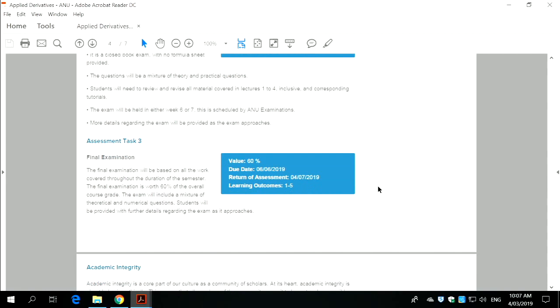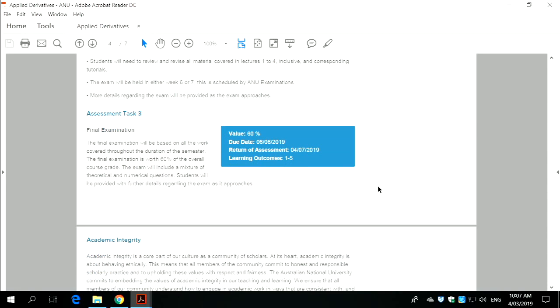Your final piece of assessment is the final exam, 60% of your overall assessment, and it consists of 4 questions. The first 2 questions are very straightforward. As long as you attend your tutorial and lecture and do those 2 questions, you should be able to do them no problem.